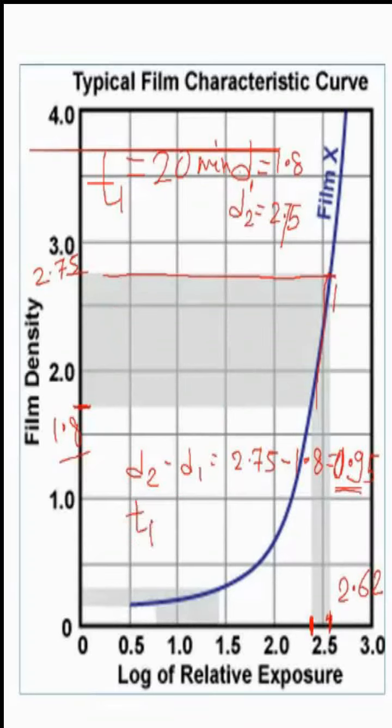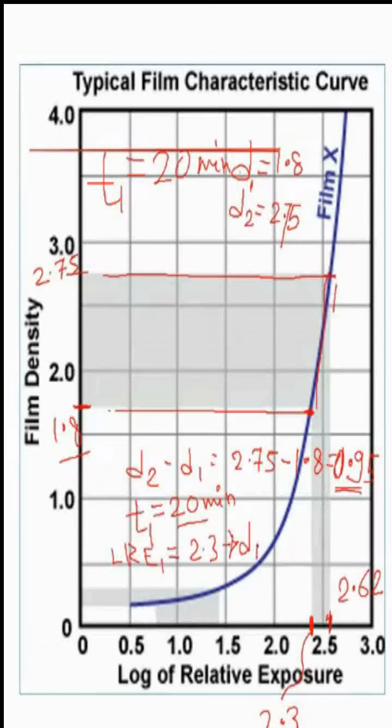We call this LRE, we don't take this as time. The first time we had taken 20 minutes, that means for 1.8, when we plot an axis and intersect, we get this value as 2.3. This is called LRE1, log relative exposure of 2.3 for density D1.